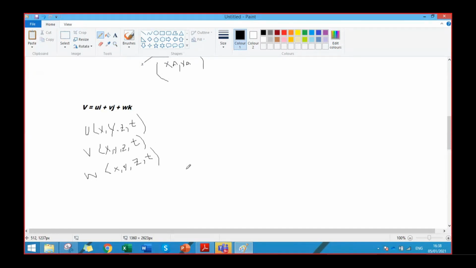Now you will be asking, how is it possible that the component along the x direction is dependent on the y and z direction? Let's say about u. That should be your question. Or the component located along the j direction or the y direction is dependent on the x and z direction. And what about the third component?